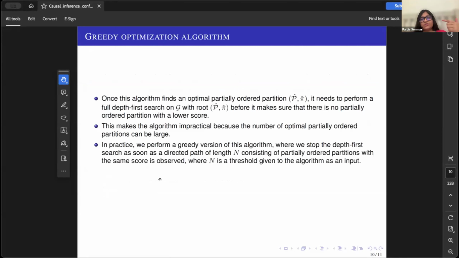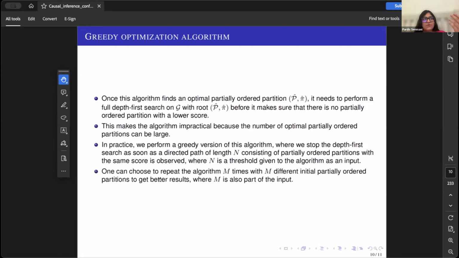So in running our experiments, we say this partially ordered partition that we are at is the best one if we observe a directed path of length n, consisting of partially ordered partitions all with the same score. So if we observe the same score n times in a row, where n is some input that we give to the algorithm as a threshold, then we say what we've observed is the best thing that we're going to get.